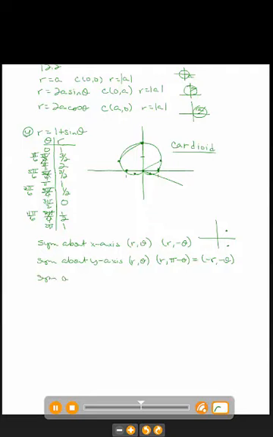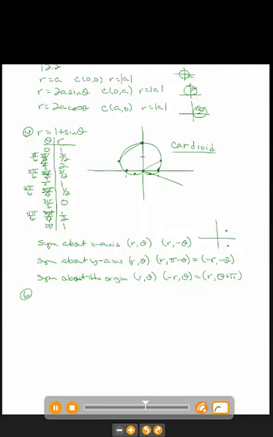And then symmetry about the origin. Again, if you start with r, theta, it's symmetric on the origin whenever you end up with negative r comma theta, which actually is the same thing as r comma theta plus pi. So symmetry on the x, you change the theta. Symmetry on the y, you change both. And symmetry on the origin, change the r.